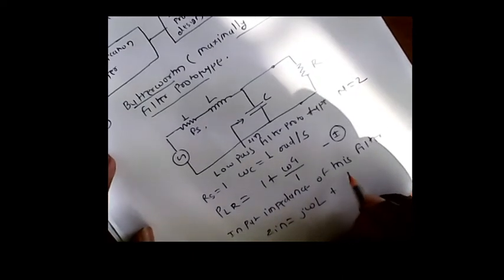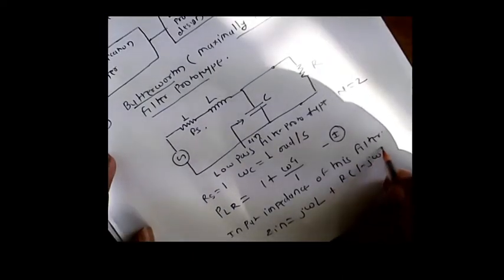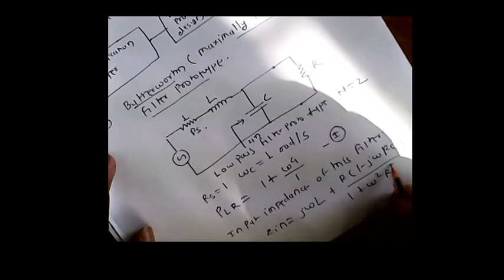Zin is equal to j omega L plus the parallel combination of C and R, which gives Zin equal to j omega L plus R times 1 minus j omega RC, divided by 1 plus omega square R square C square. This is equation number 2.